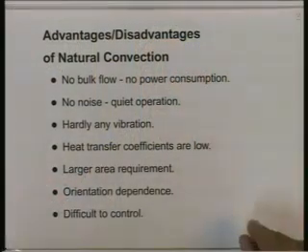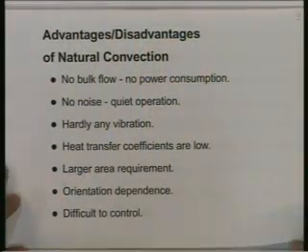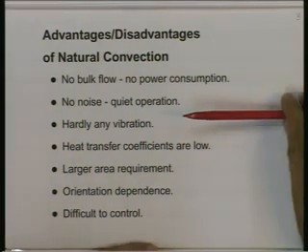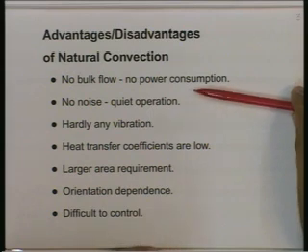Let us look at the advantages and disadvantages of natural convection as a heat transfer process. First, there is no bulk flow in natural convection. So, we do not have to consume any power to drive a pump or rotate a compressor or a blower. Perhaps because no power consumption is required, natural convection may be called free convection.